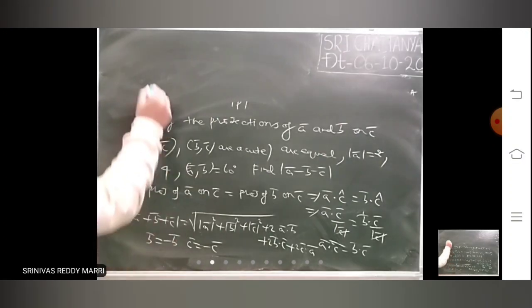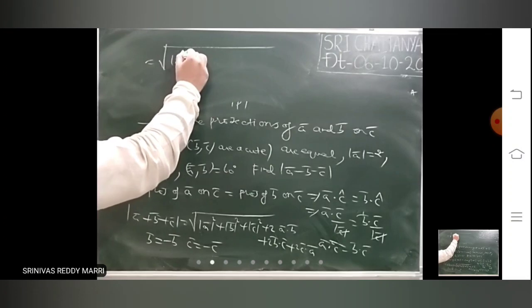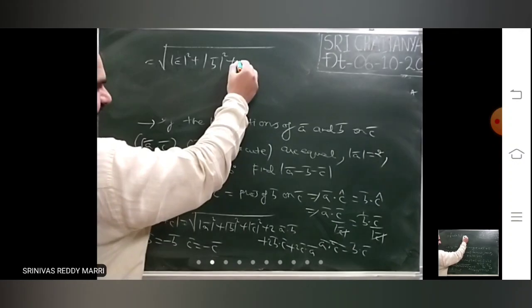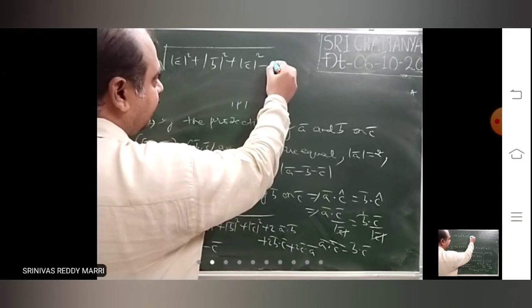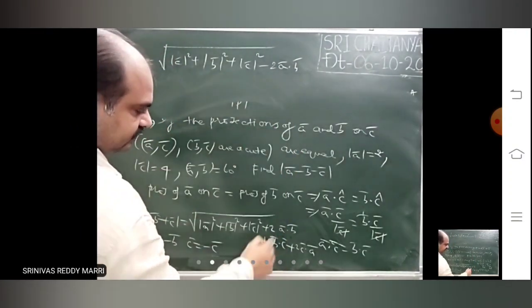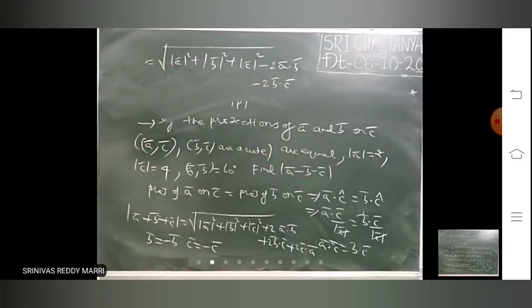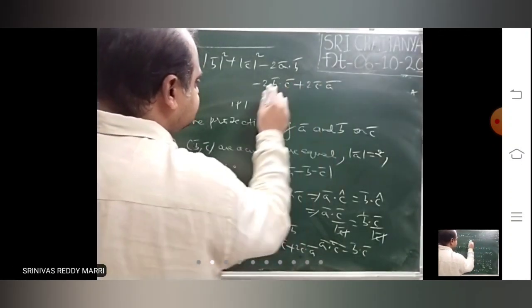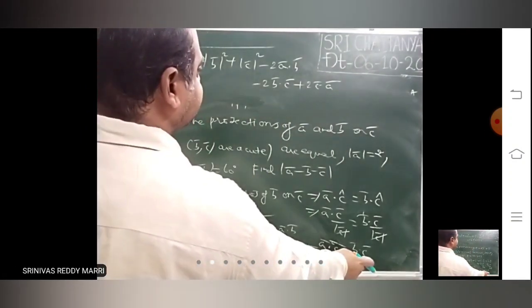This is modulus A bar square. Modulus of minus B bar means same, square is there. Minus C bar means same. So this is minus 2A dot B. I have replaced by minus B bar, so this is minus 2B bar dot C bar. So this is plus same. So this is the formula.